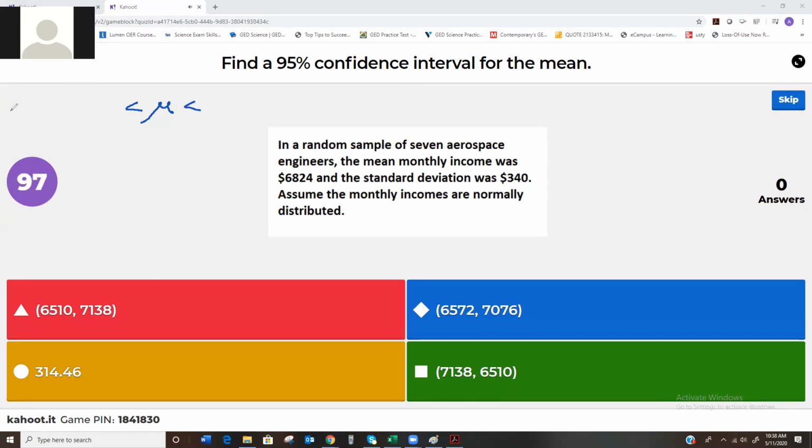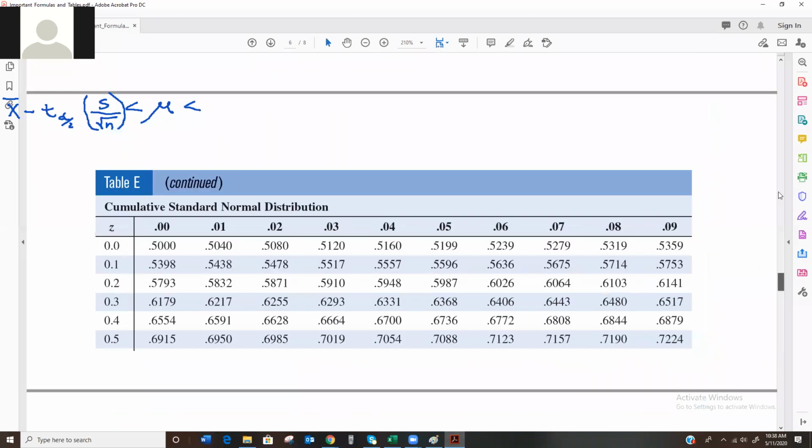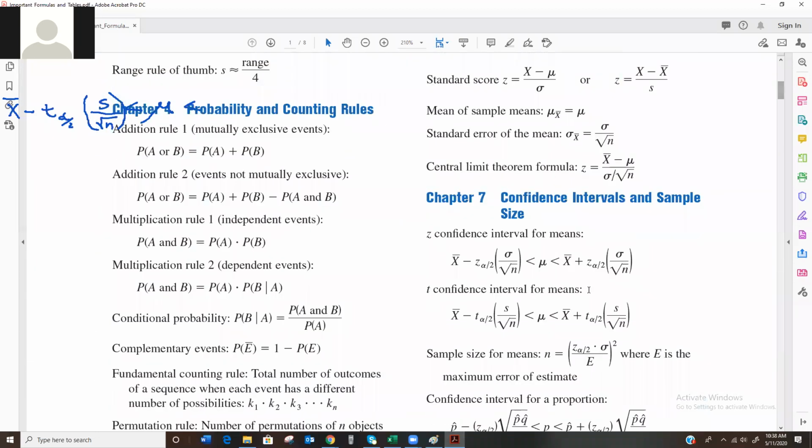You're going to put your X bar, subtract your T sub alpha over 2, and then multiply that by S over square root of n, right? I think that's right. Let me pull that up. Pretty certain that's right. Yeah, S over square root of n. So it's this formula right here.